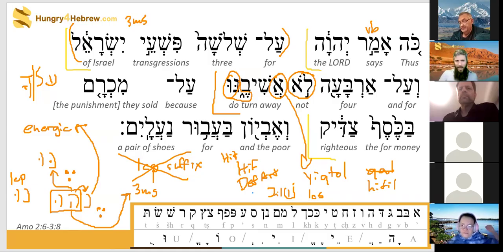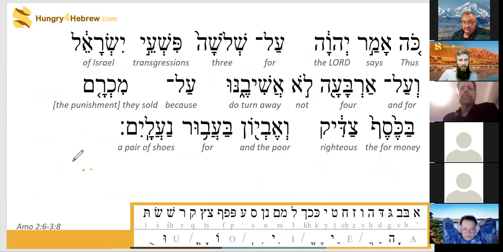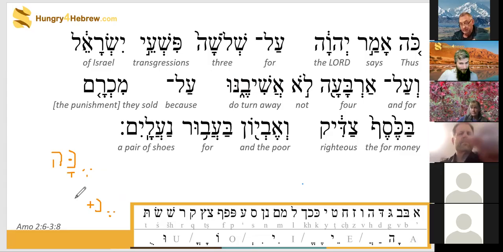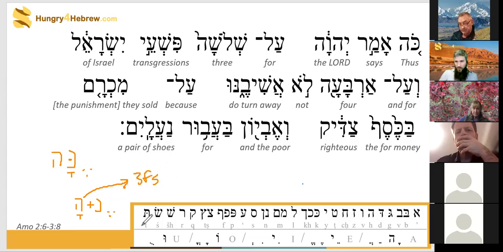And you can get the same thing happening with enna, if that's okay for me to clear the screen here. Enna, like this, would be a combination of that energic nun plus, can anyone guess it? Ha, where this is referring to the 3fs pronominal suffix.